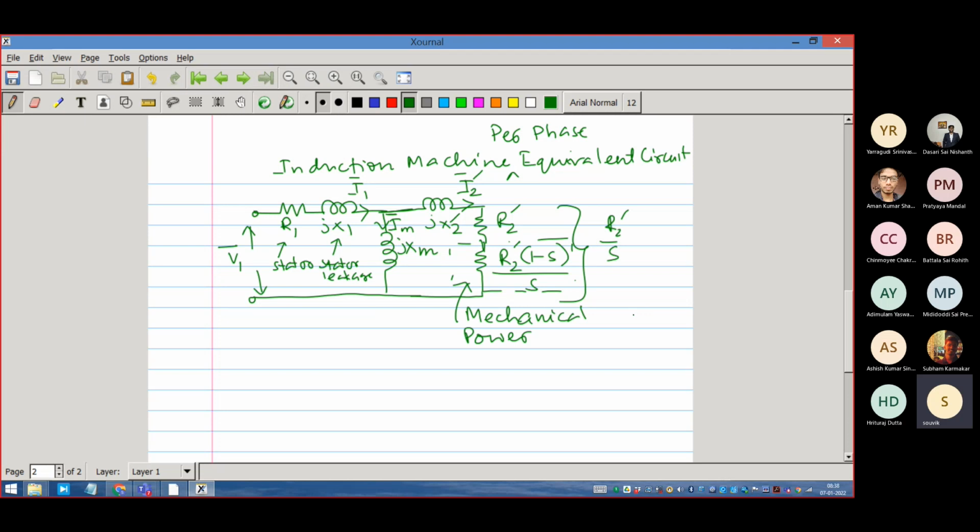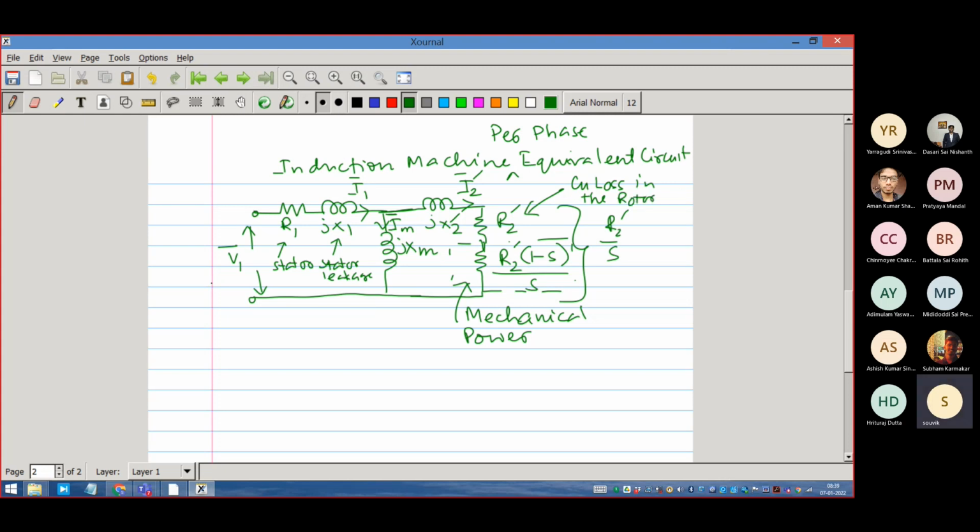This part is getting converted, and this part R2 dash is responsible for indicating copper loss in the rotor. Okay, so this is what the physical thing is.